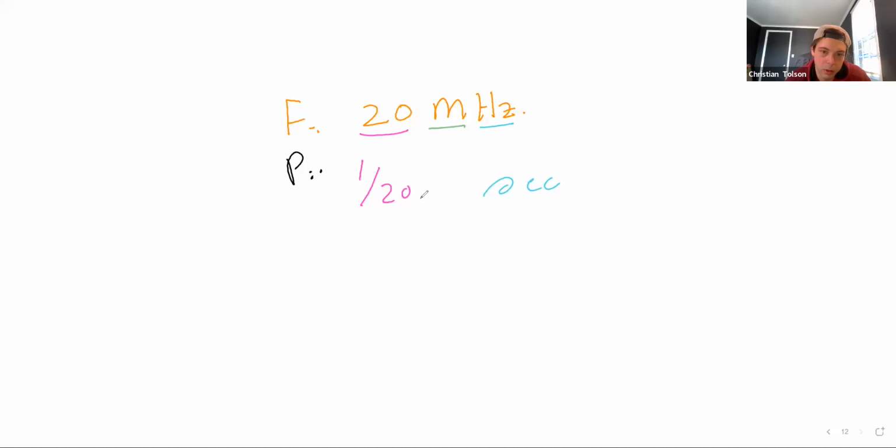It's just the reciprocal of 20 million. 20 megahertz would be 20 million. The reciprocal of 20 is 1 over 20, right? The reciprocal of mega was milli. And it's per second here, hertz.